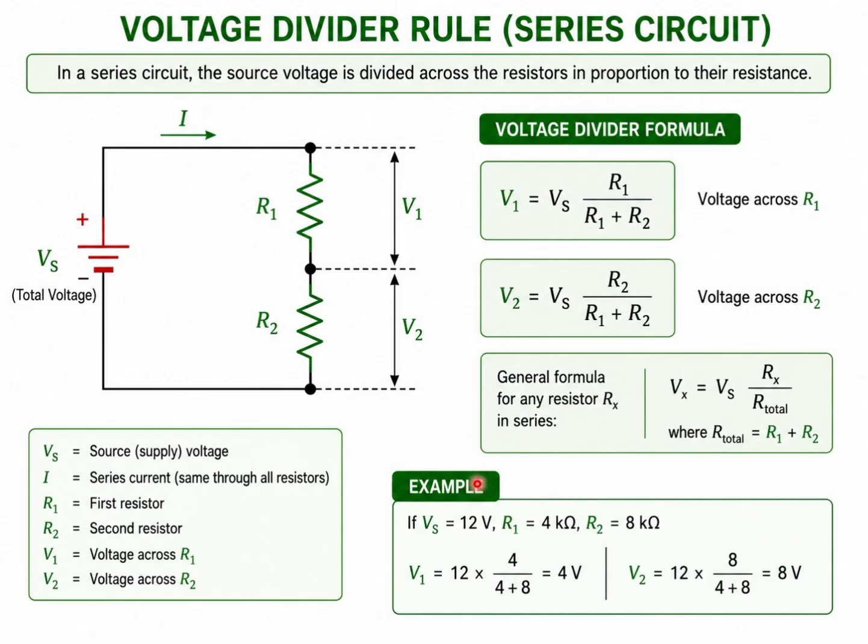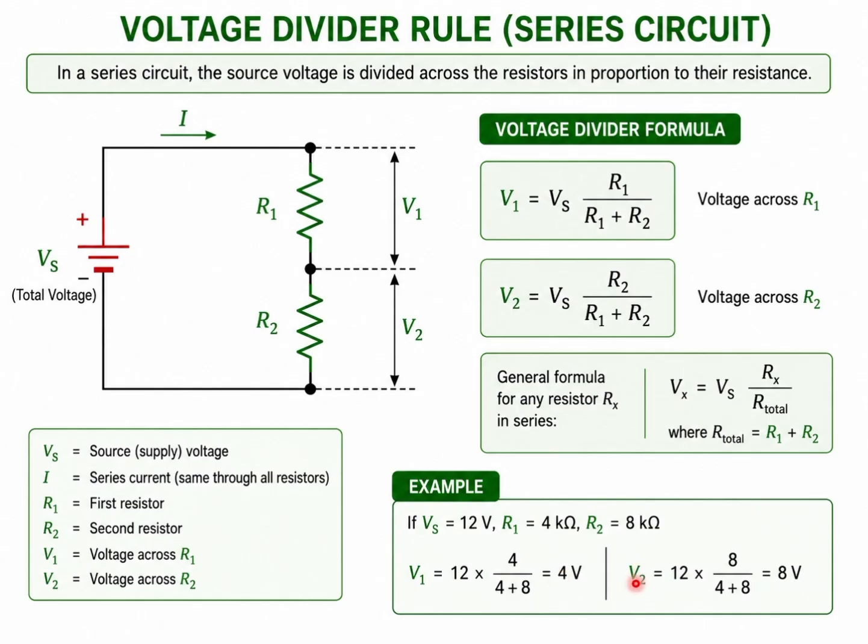And let's say in this case we have Vs equals 12 volts, R1 4 kilo ohm, and R2 8 kilo ohm. And we need to calculate. We're just going to put in the values. For V1 we're going to have 12, which is Vs, multiplied by 4 for R1 divided by 4 plus 8, and we're going to have a voltage of 4 volts.